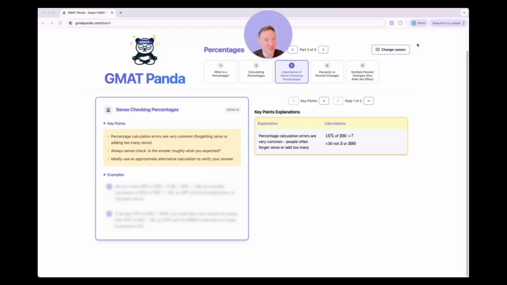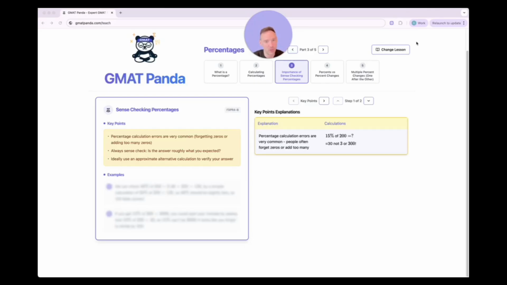Percentages are one of the most dangerous problems in the GMAT. It is so common for people to make mistakes, either by adding a few zeros they shouldn't have added, or by forgetting some zeros, or by getting confused between the percentage share and the share.